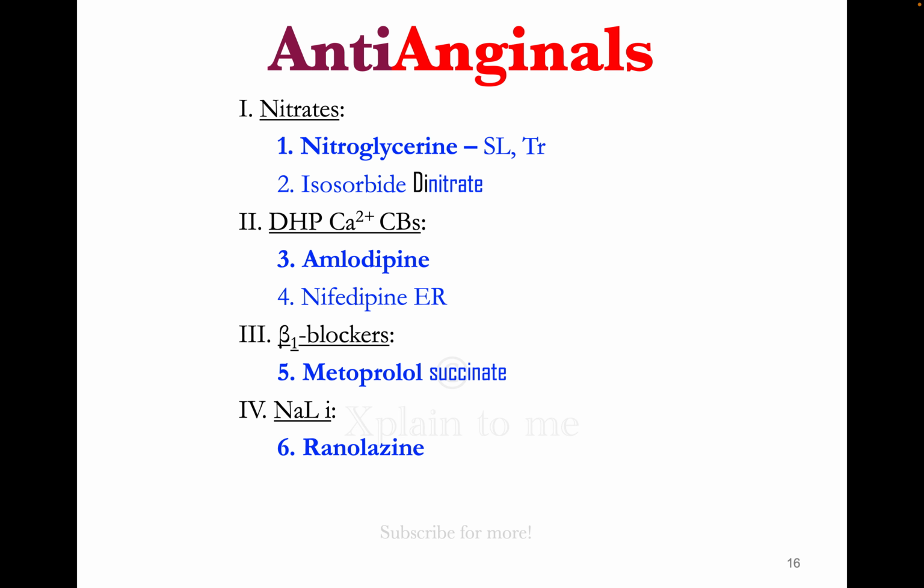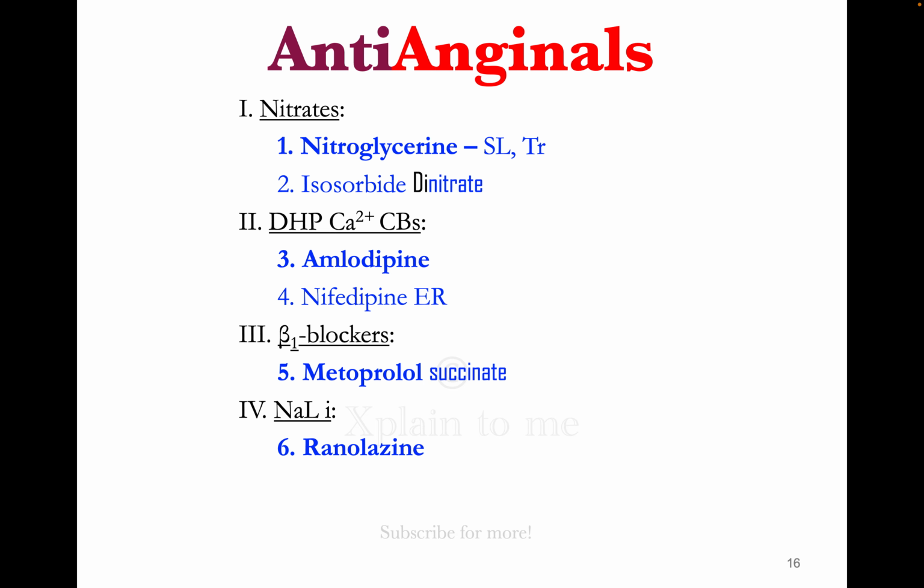Atenolol will not pass the blood-brain barrier because it is a hydrophilic drug. So if you have to choose between propranolol and atenolol, atenolol is the cardiospecific one, especially if you have to avoid non-specific symptoms in your bronchial tissues. You can go for atenolol.